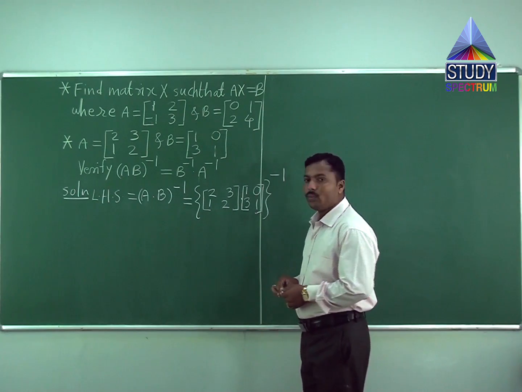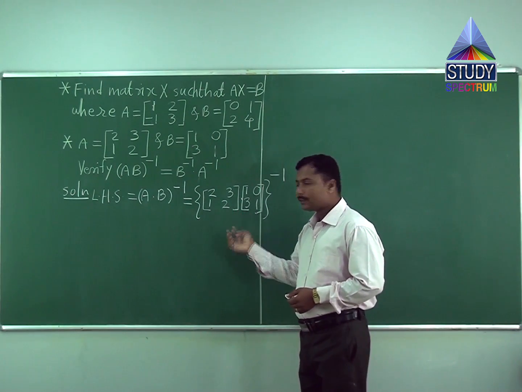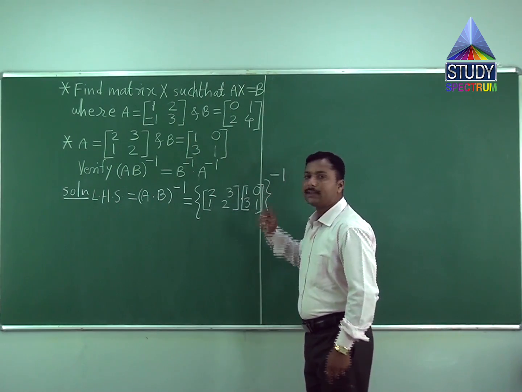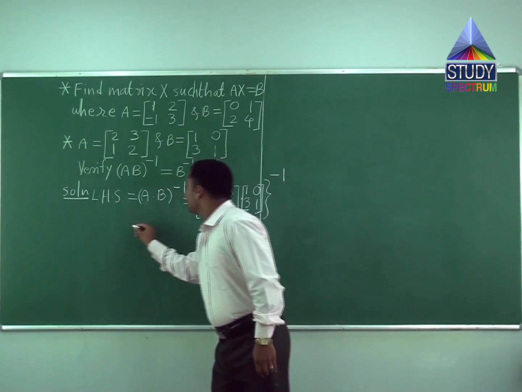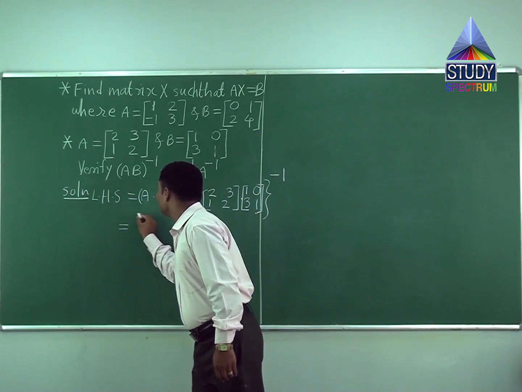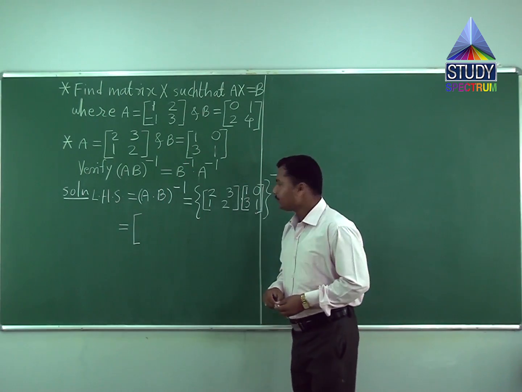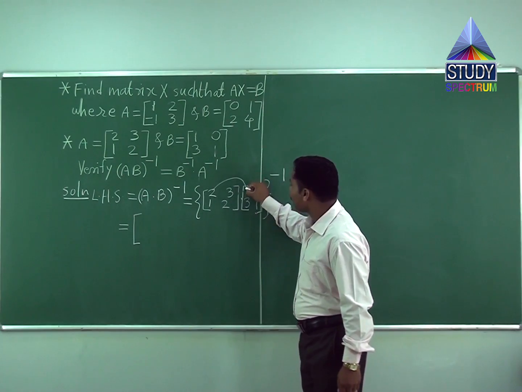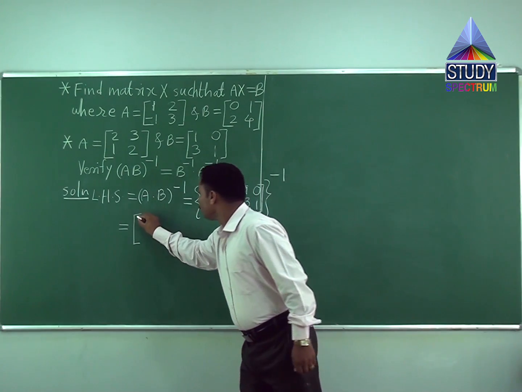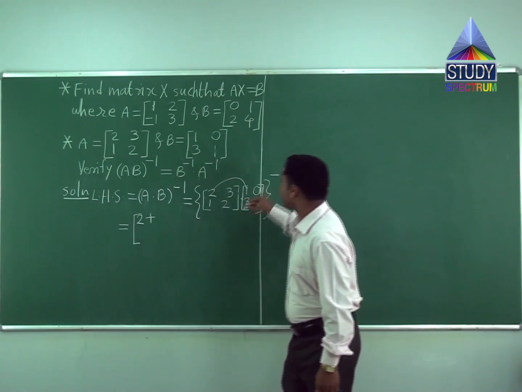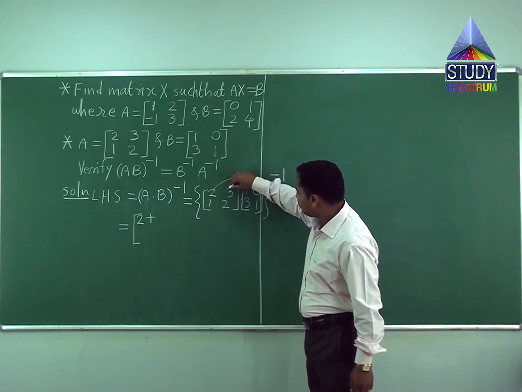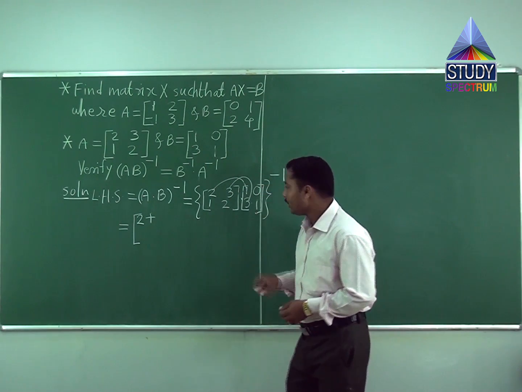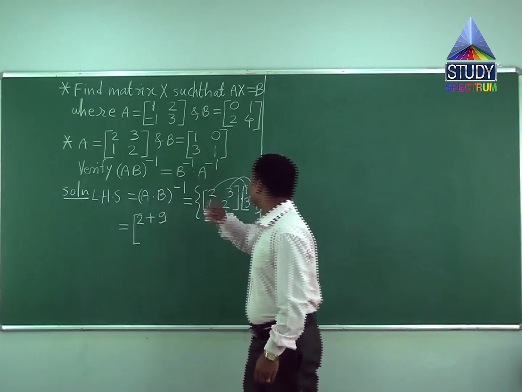We multiply these two matrices, place to place, and then take the sum. How is the multiplication done? First row, first column: 2 into 1, 2, plus 3 into 3, 9.